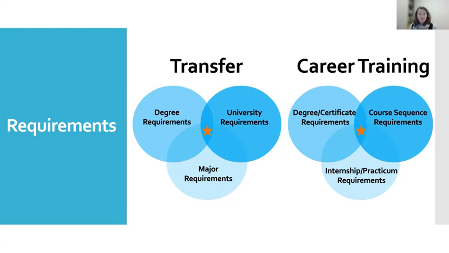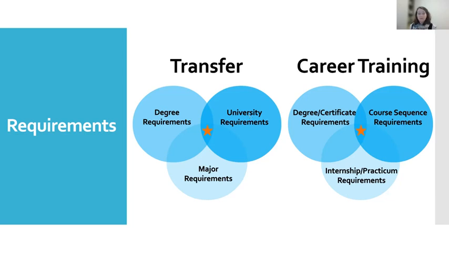So for instance, with transfer students, you want to figure out, okay, what are the degree requirements for your particular transfer degree? Do you need to take a particular math class, a set of science classes, etc.? And related to that, what do you need to do to get into the university that you're choosing?